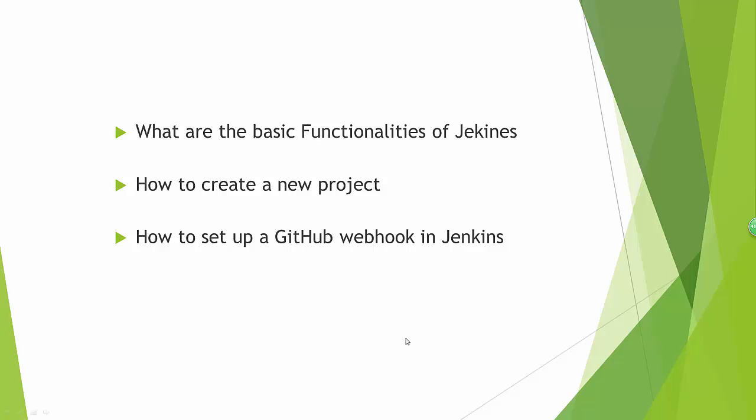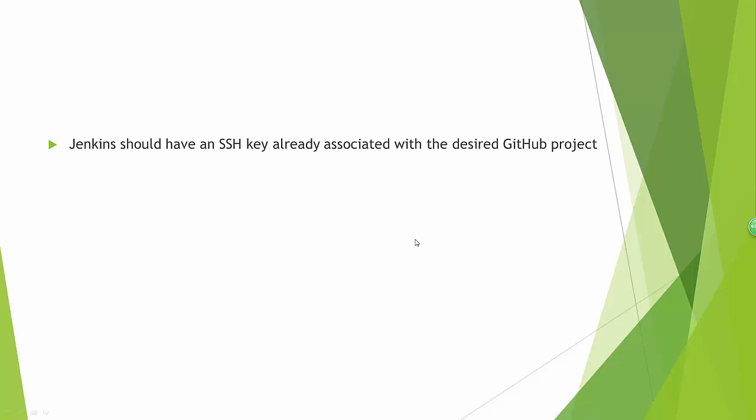Okay, in this video, we talked about what are the basic functionalities of Jenkins and how to create a new project. Finally, I introduce you to set up a GitHub webhook in Jenkins. So that's it. The final tip is Jenkins should have an SSH key already associated with the desired GitHub project.